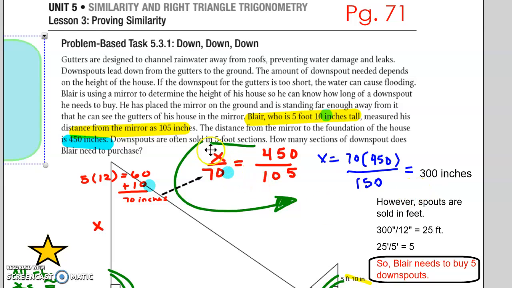But we want to ultimately know how many 5-foot sections of the downspout do we need. So because everything is in inches, but the spouts are in feet, I'm going to do 300 divided by 12, and I get 25 feet. And then they sell them in 5-foot sections, so I'm going to take 25 feet divided by 5, and therefore I need to buy 5 sections of the downspout.